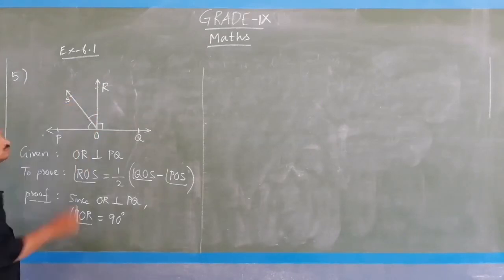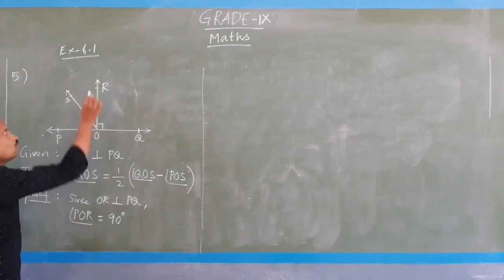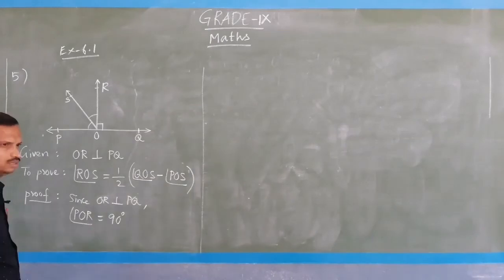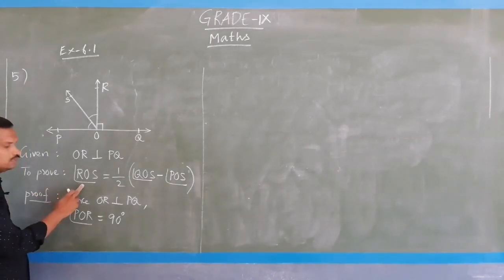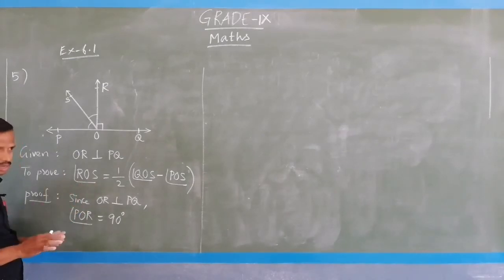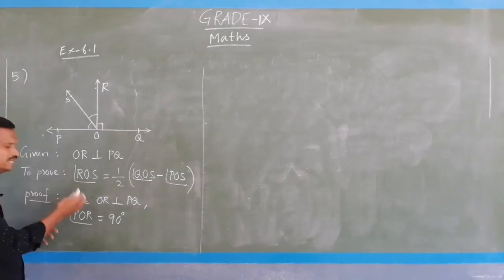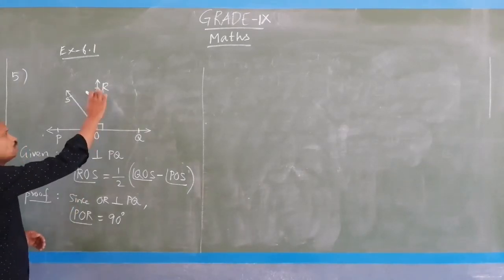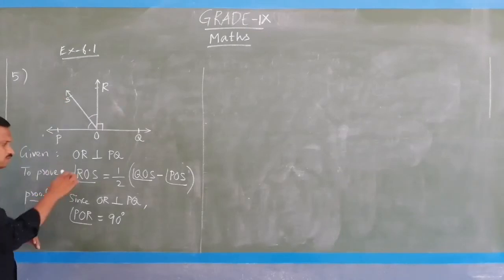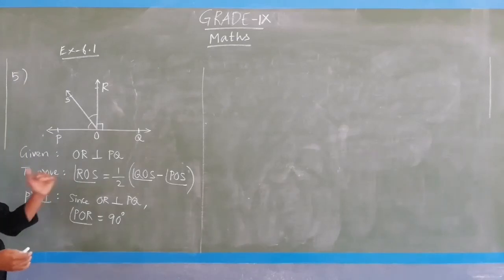Why are we not taking SOR? You can ask that. But in this proof, the letters ROS and SOR are both the same, but for our convenience, to pick up the neat things easily, you follow the same pattern, ROS.